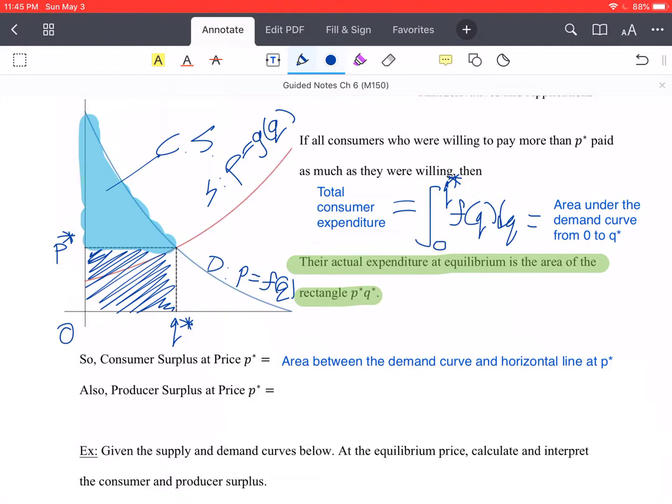This beneath the supply curve is how much they would be making if they lowered the price as far as they were willing to go. Like in the candy bar example, I'm currently charging $1. I would be willing to charge as low as 75 cents, 50 cents, 25 cents, whatever the case may be. So by selling it at this higher price, I'm making myself more money than I would have otherwise.